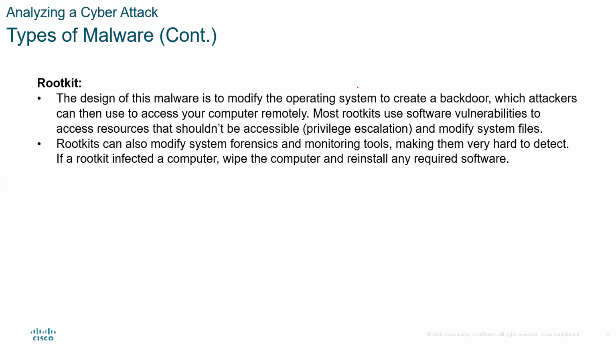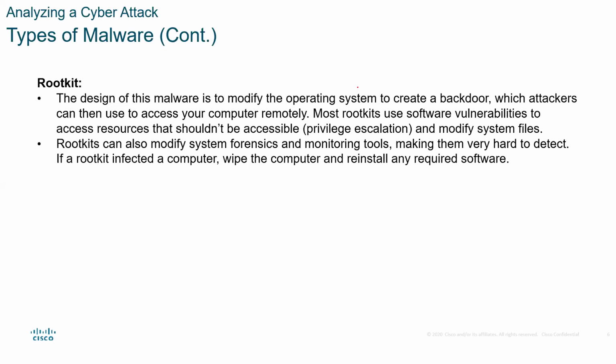Rootkit. The rootkit is designed to modify the operating system to create a backdoor which attackers can use to access your computer remotely. So most rootkits use software vulnerabilities to access resources that shouldn't be accessed, especially privilege escalation, and then modify the system files.